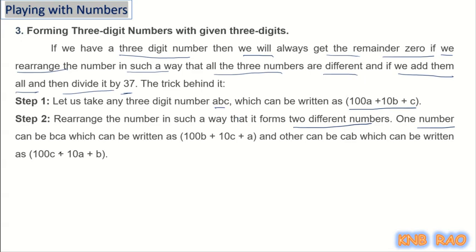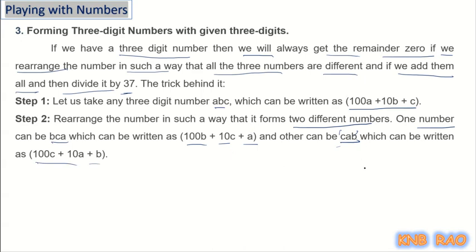One number is BCA, and another number is CAB. Here is the CAB. Now, BCA is 100B plus 10C plus A, and CAB is 100C plus 10A plus B.